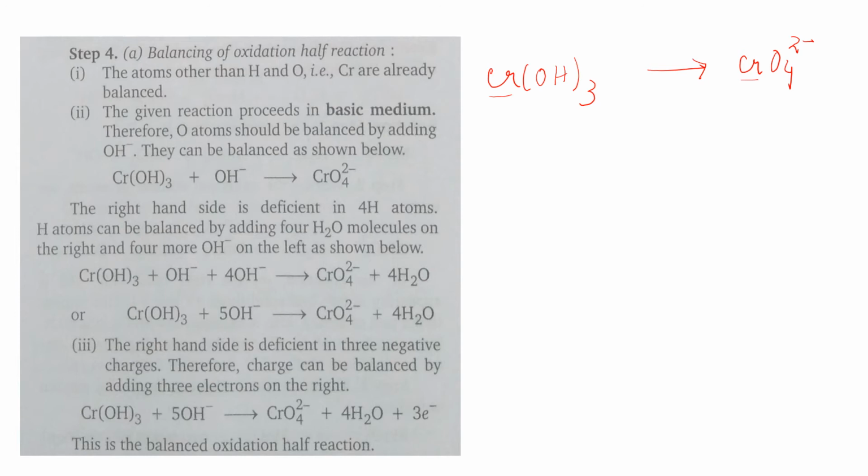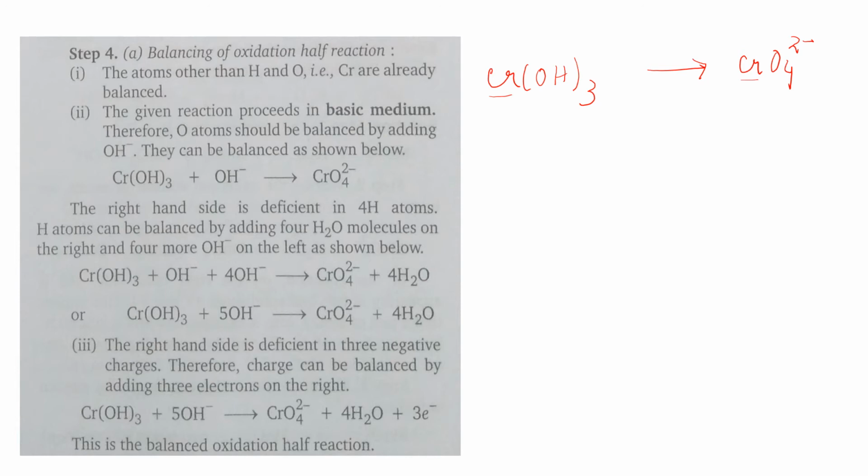Now this reaction is going on in the basic medium. For basic medium, the oxygen atom is balanced by adding OH- ion in the side which is deficient of oxygen atom.